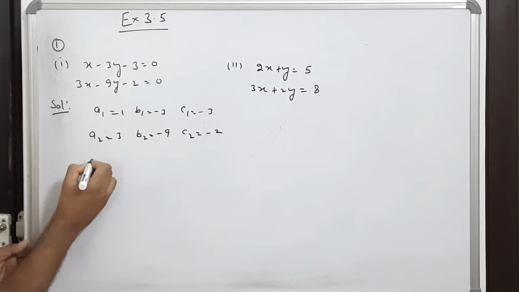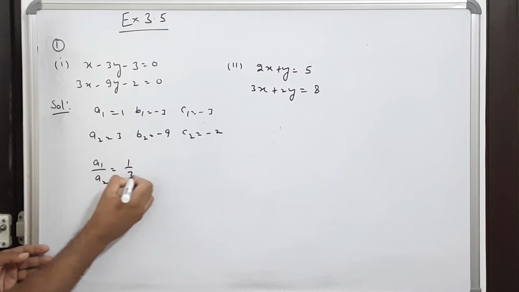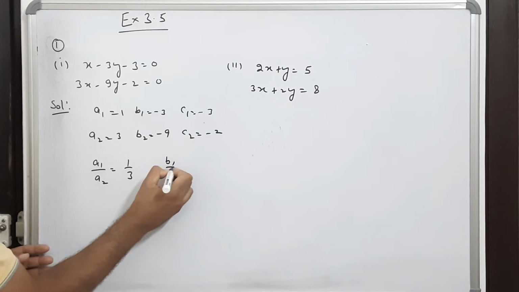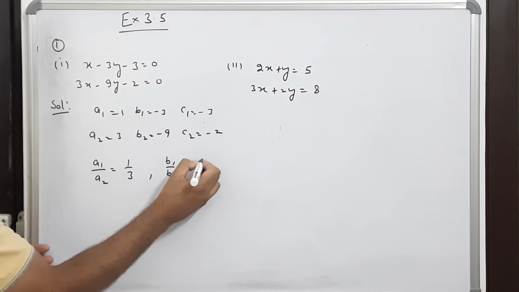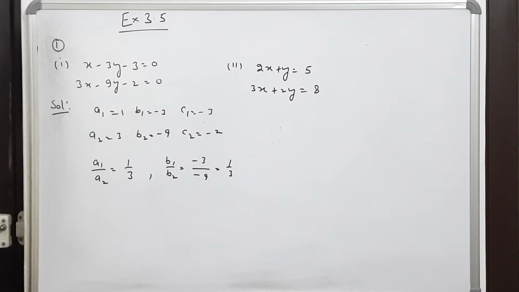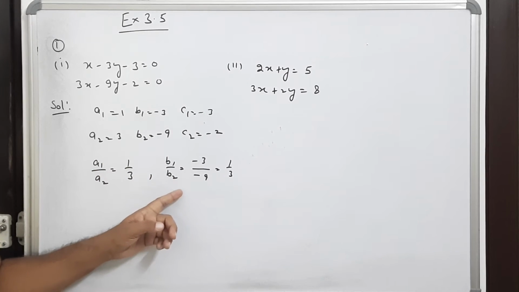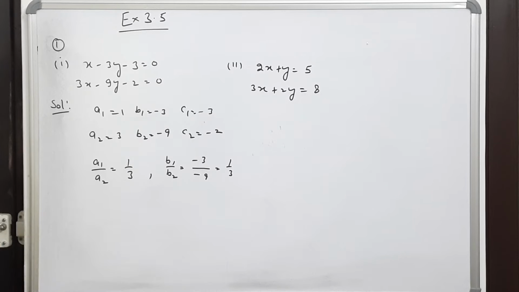Now we will calculate A1 upon A2. So A1 upon A2 is 1 by 3, B1 upon B2 is -3 by -9, that is again 1 by 3. Whenever we see that A1 upon A2 is equal to B1 upon B2, then we have to find C1 upon C2 also.